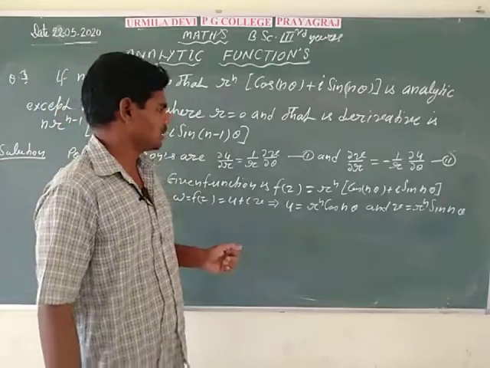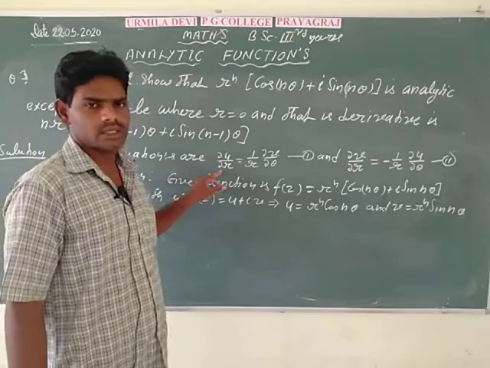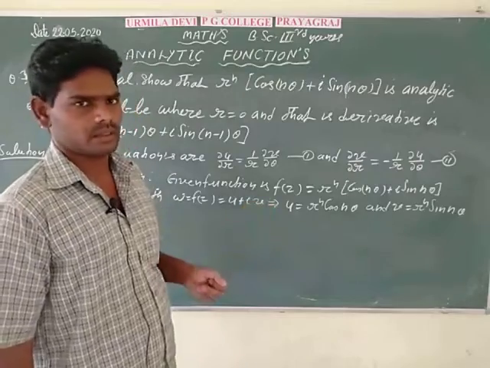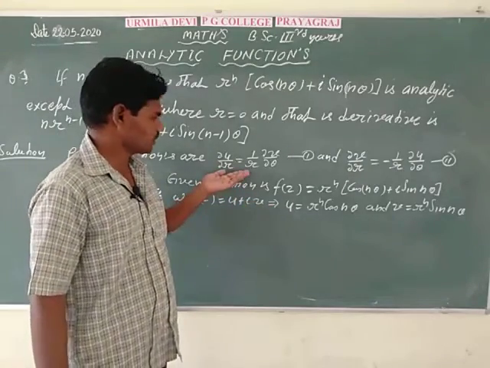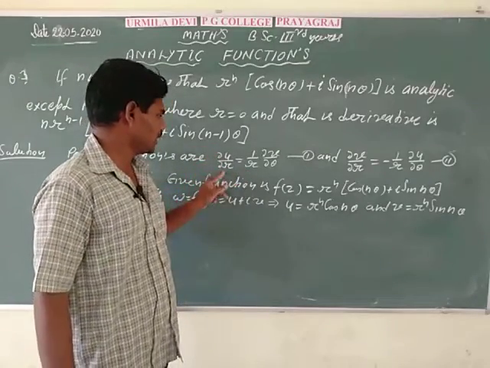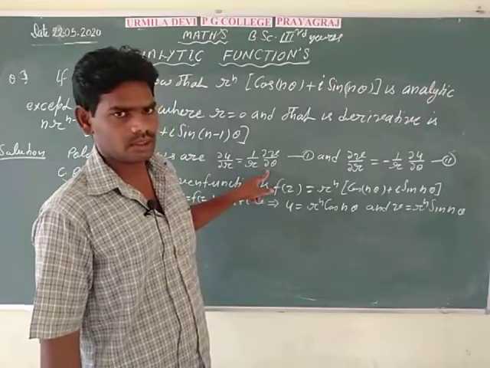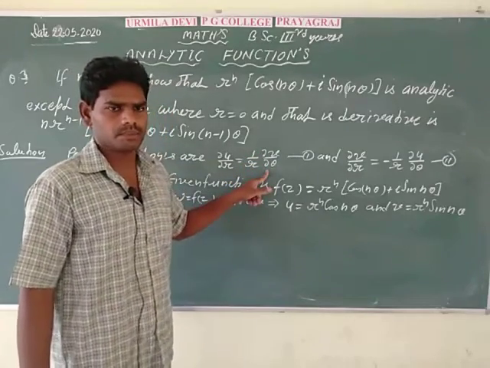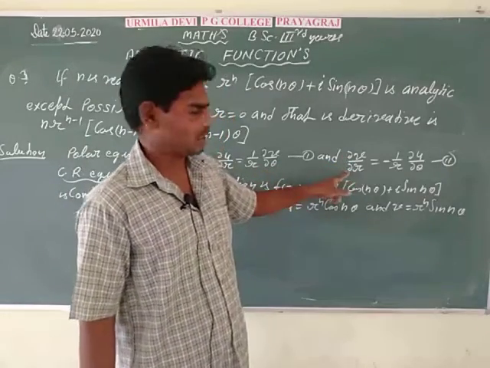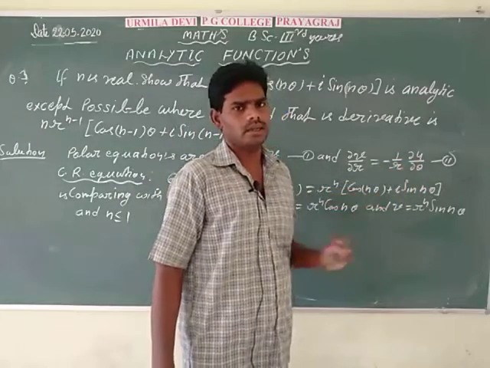Therefore, for this, the CR equations must be satisfied for functions u and v, which are: the first equation of CR in polar form is del u by del r is equal to 1 by r del v by del theta, and the second equation is del v by del r is equal to minus 1 by r del u by del theta.